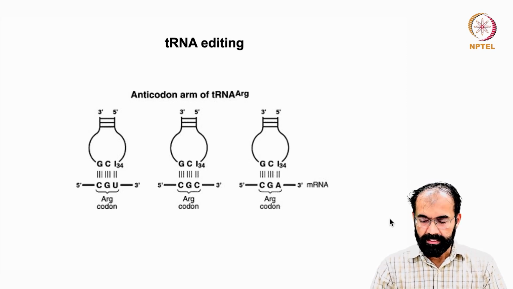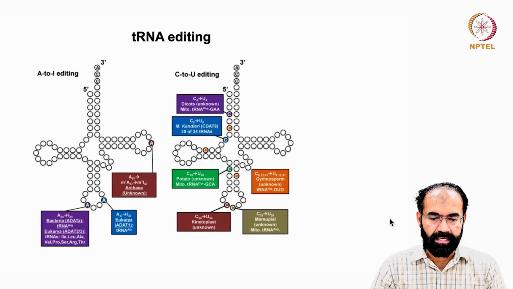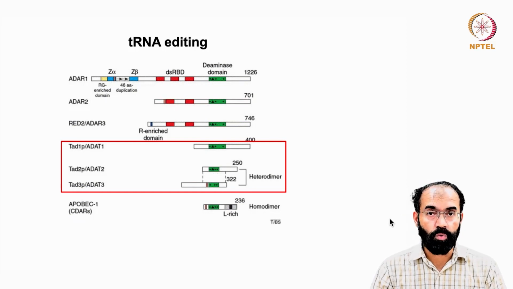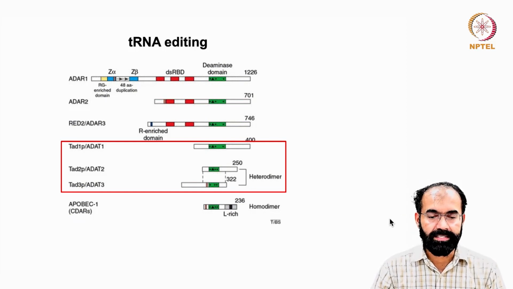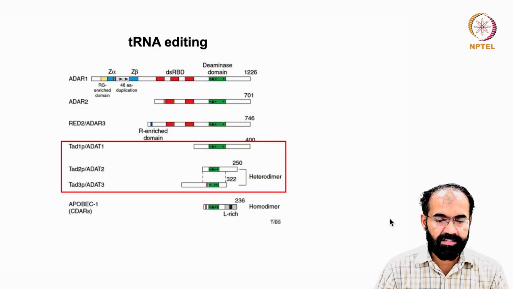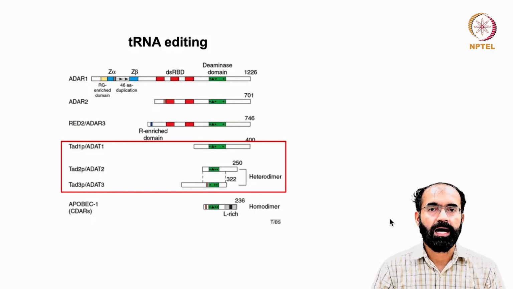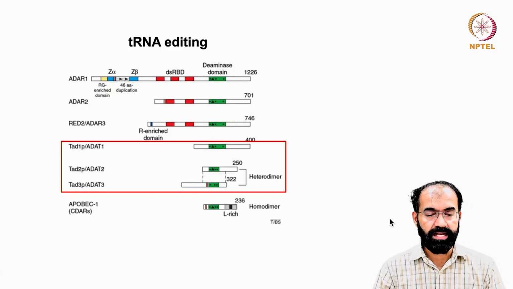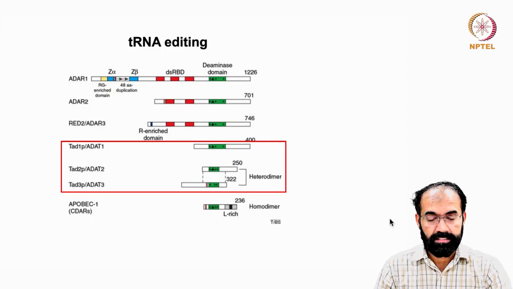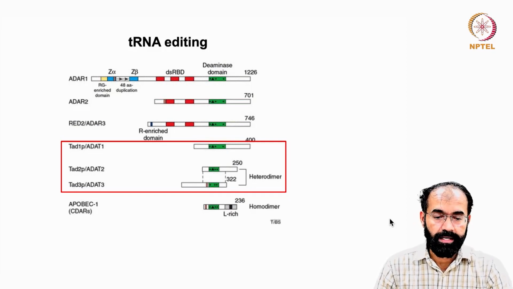And in the previous class we were discussing different proteins that are capable of editing RNA at specific levels. We know these RNA editing enzymes have a specific domain for recognizing the RNA, and also a specific domain for the deaminase function.